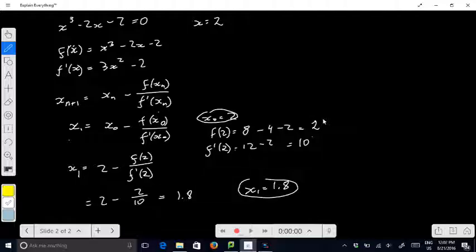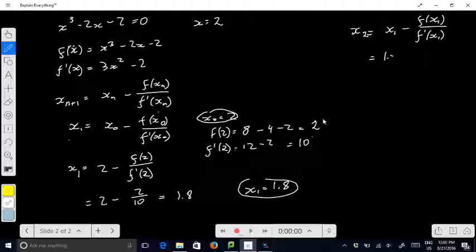And so I can do the same thing again. I've got x2 now, because I used x1 before. Well, that's going to be the previous term, which was x1, take f of the previous term, x1, over the derivative of x1.